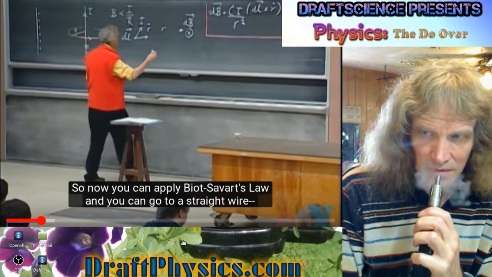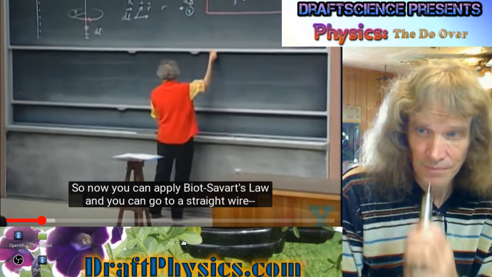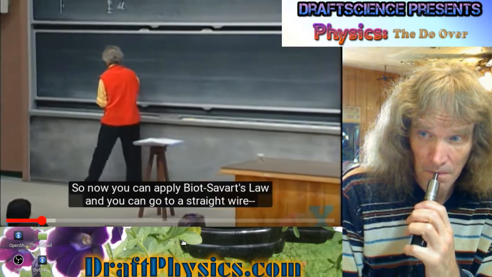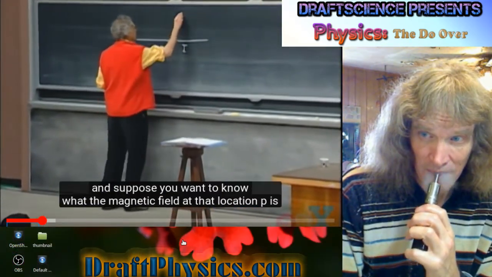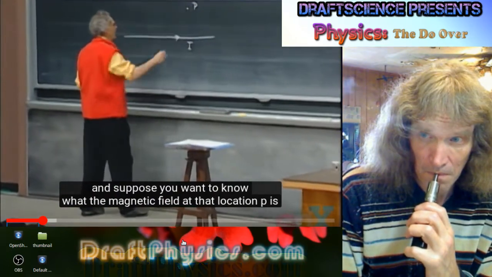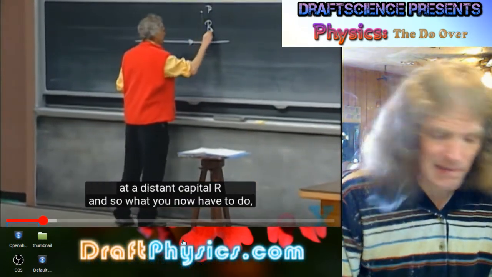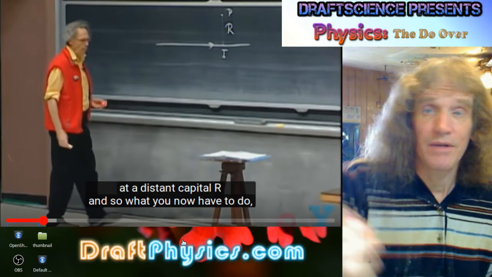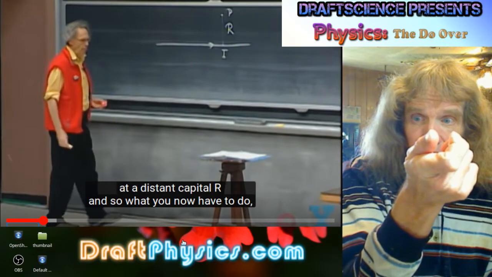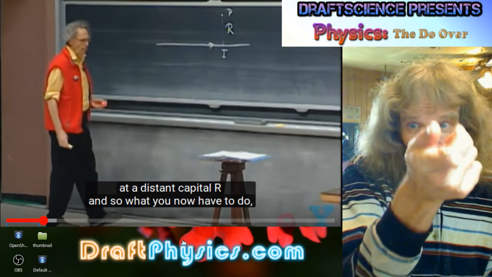So now you can apply Biot-Savart's law, and you can go to a straight wire, and you have a current I, and suppose you want to know what the magnetic field at that location P is, at a distance capital R. So understand, at P, okay, the wire's this big. So it's a little piece of wire.